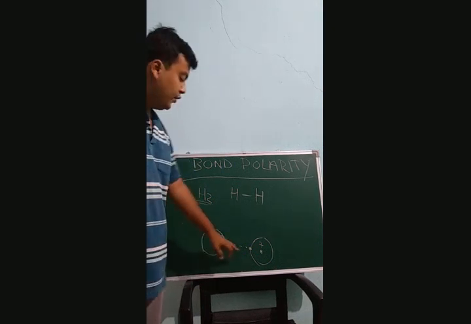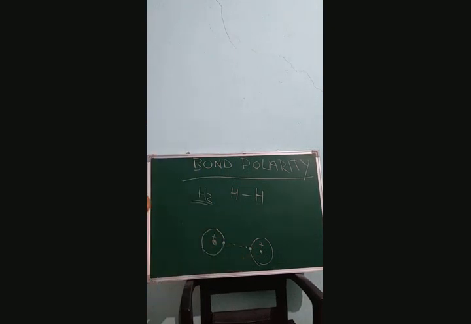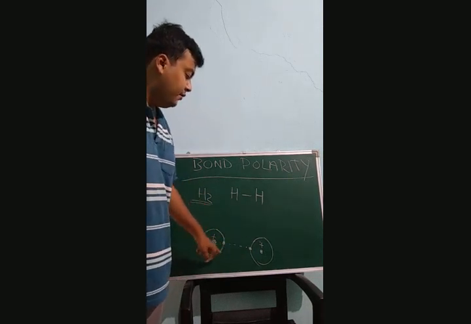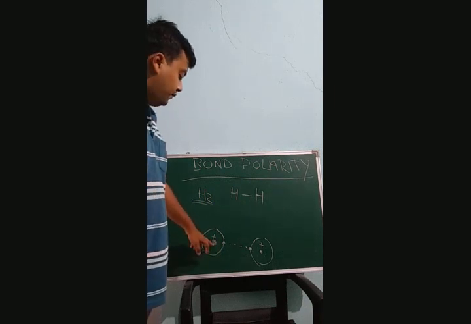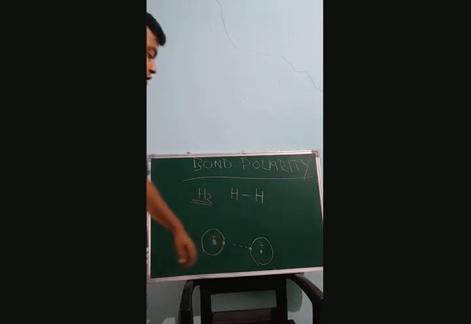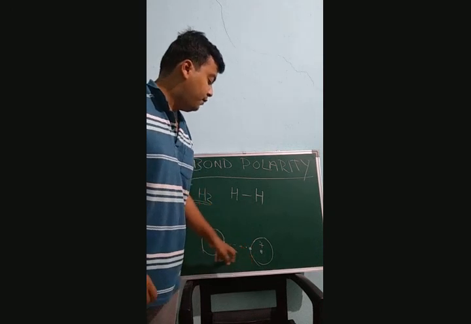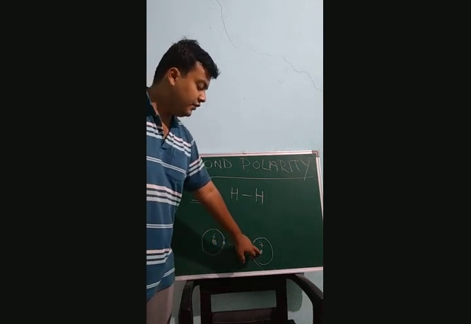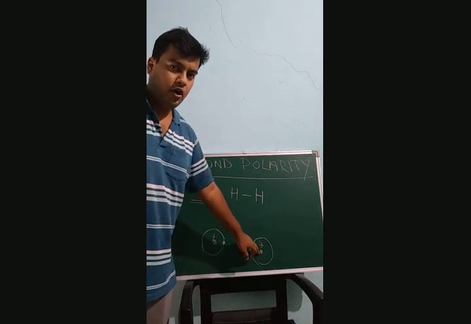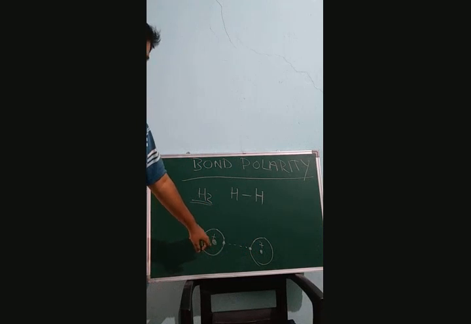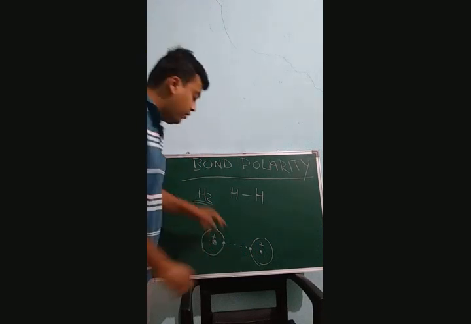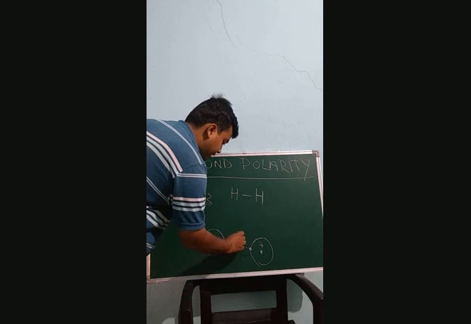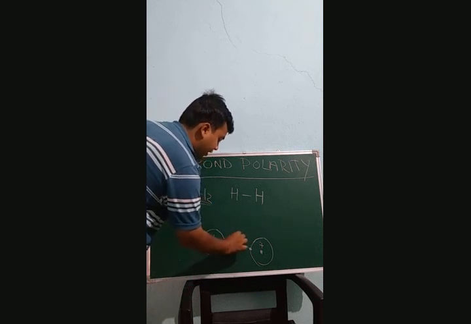Since both nuclei have only one proton, or one positive charge inside them, the attraction force of both is the same. The attracting power of this nucleus is the same as this hydrogen nucleus. So the electron pair will stay somewhere around the center.